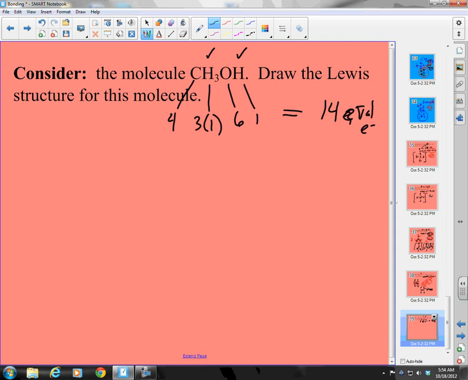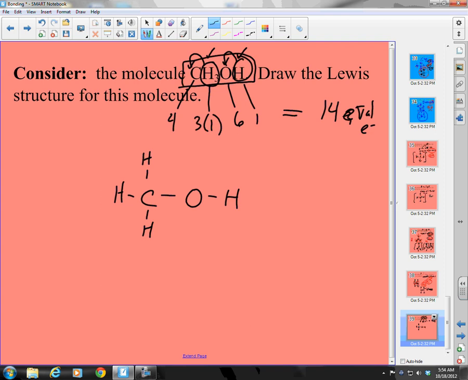And they're telling me that these 3 hydrogens are bonded to this carbon, and this hydrogen is bonded to this oxygen. So that means I'd have C with an H and an H and an H, and I'd have an O with an H, and then what must be true about the C and O? They must be bonded together. And we get that by looking at our formula here. That's how we get the hint.